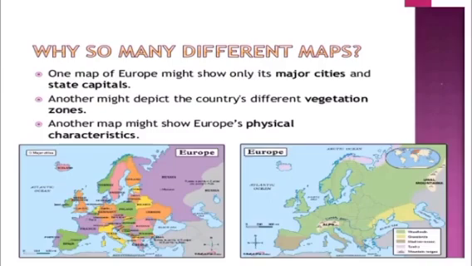One map of Europe might show only its major cities and state capitals. Another might depict the country's different vegetation zones. Here, depict means represent or illustrate. Another map might show Europe's physical characteristics.